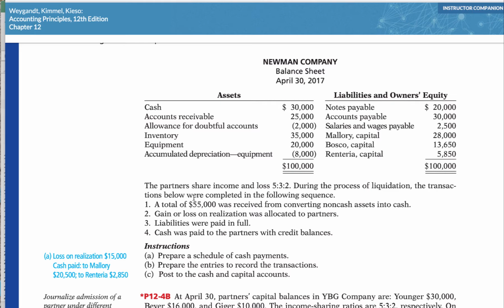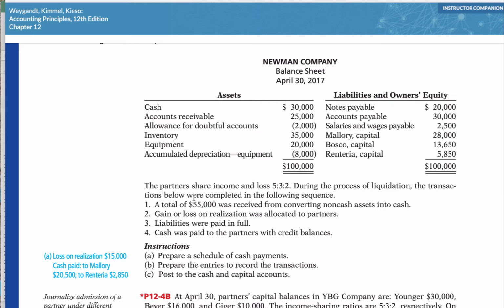They had a gain. We need to recognize either a gain or a loss on allocating the cash to the partners. The liabilities, we're going to pay those in full, and they tell us that cash was paid to partners that had a credit balance. All right, what in the world does that mean?